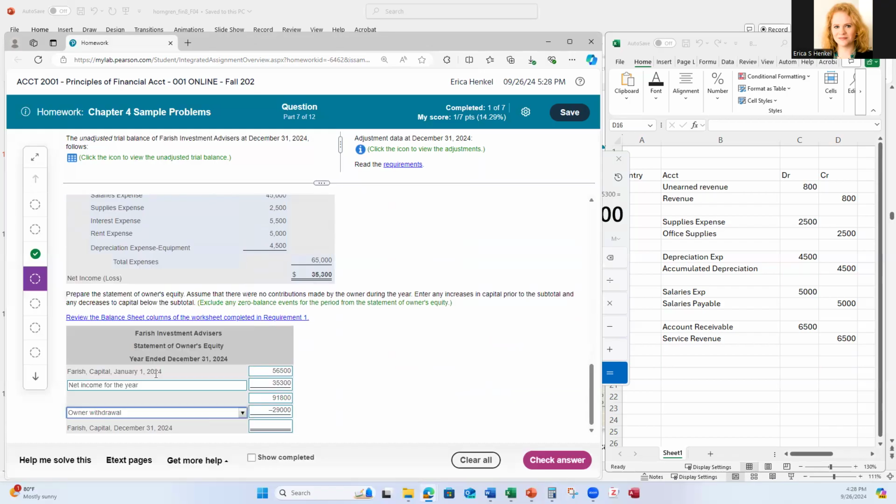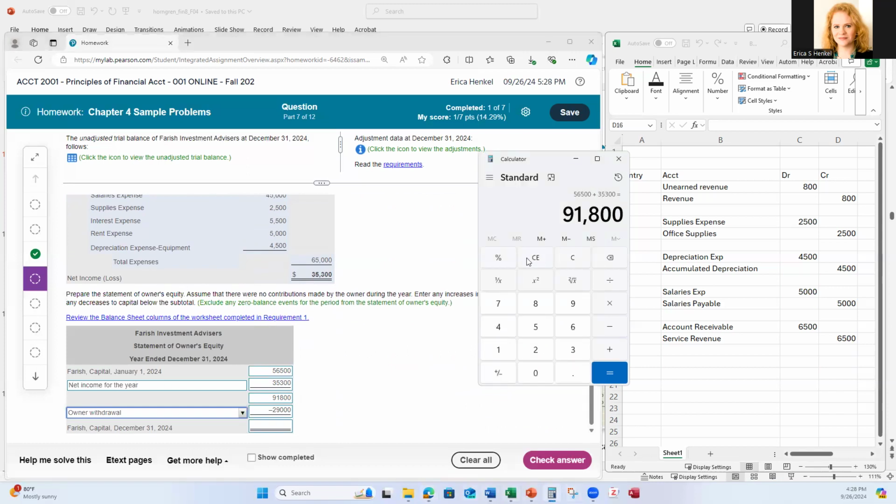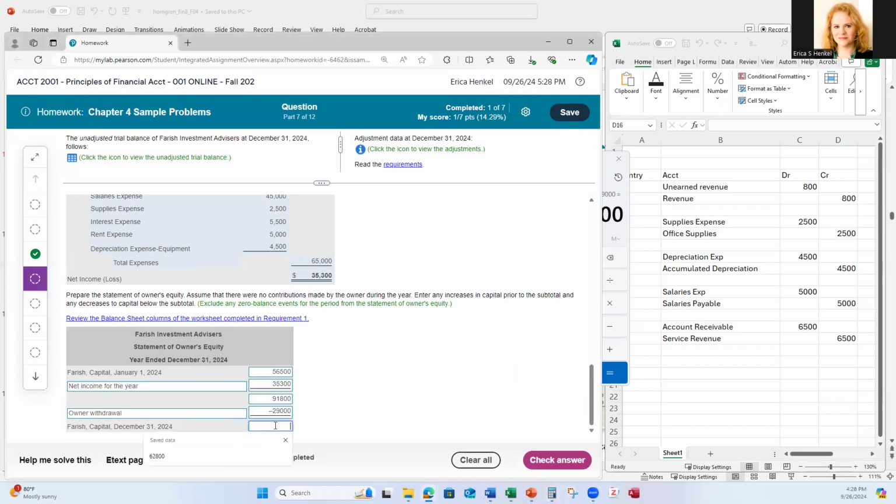So less our owner withdrawal. So the 91,800 minus that 29,000 gets us ending capital of 62,800.